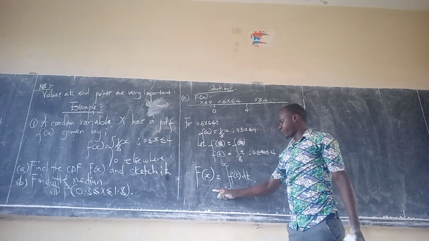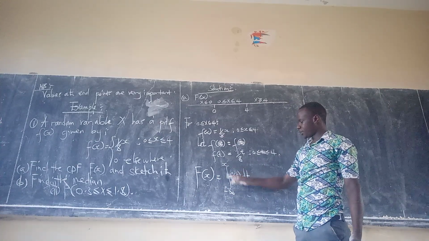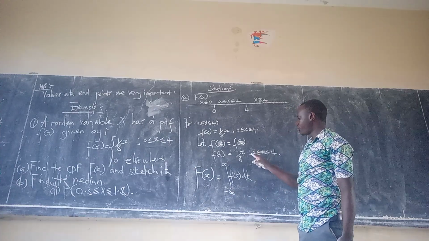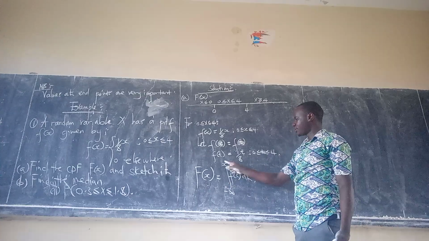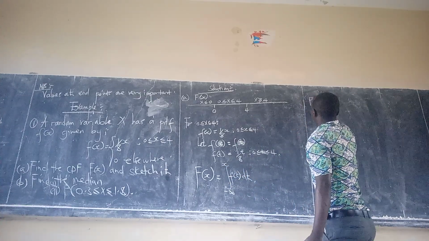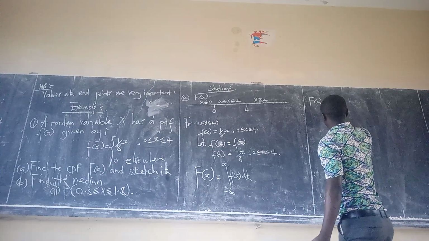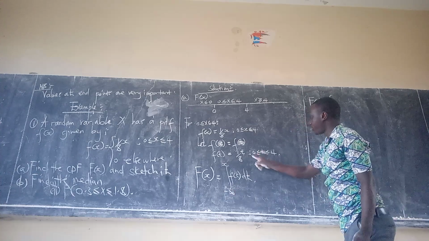So my capital F of x is now the integral from negative infinity to x. Where there is negative infinity, you remove it and you put the lower limit of the interval. Where there is small x, you maintain it. So our capital F of x is going to become the integral, where there is negative infinity, remove it and put a 0.